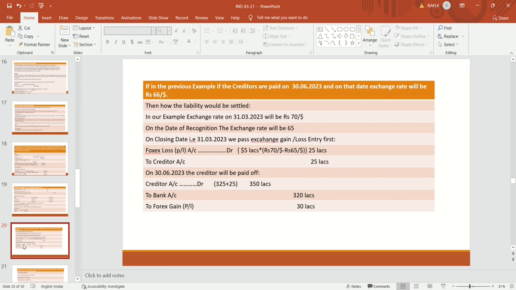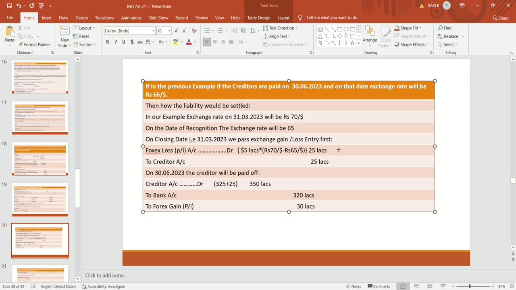In our example, on 31st March the rate will be 70 per dollar, and on the date of recognition the rate will be 65 per dollar. On the closing rate, that is 31st March, we pass an exchange gain and loss entry.